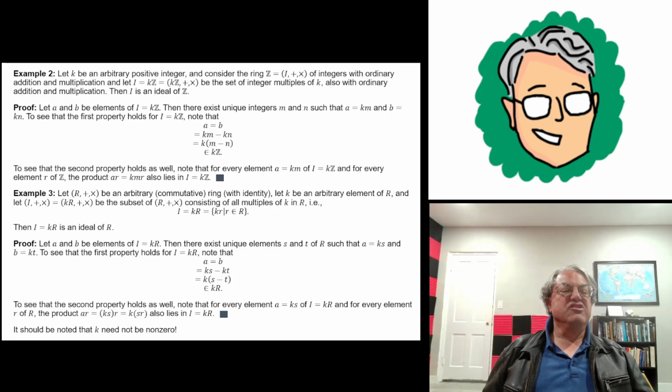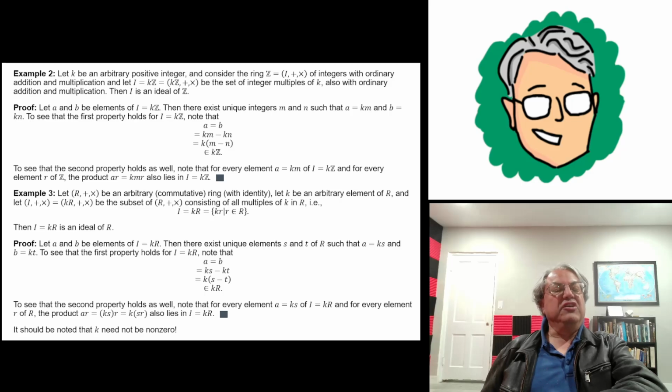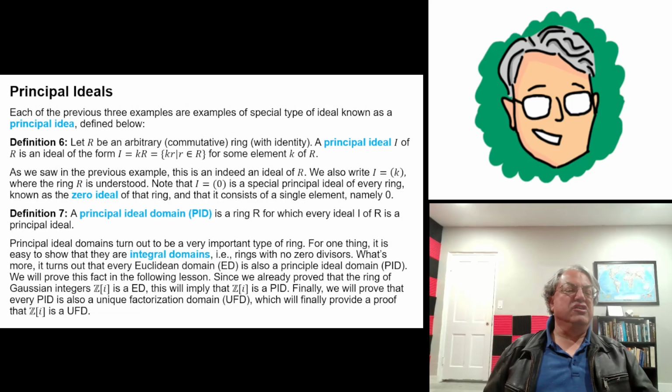That proves that this set is an ideal. So anyway, and like I said, K could be 0.